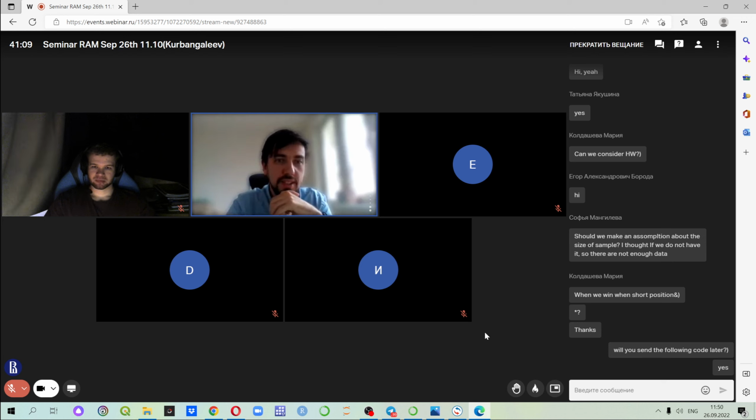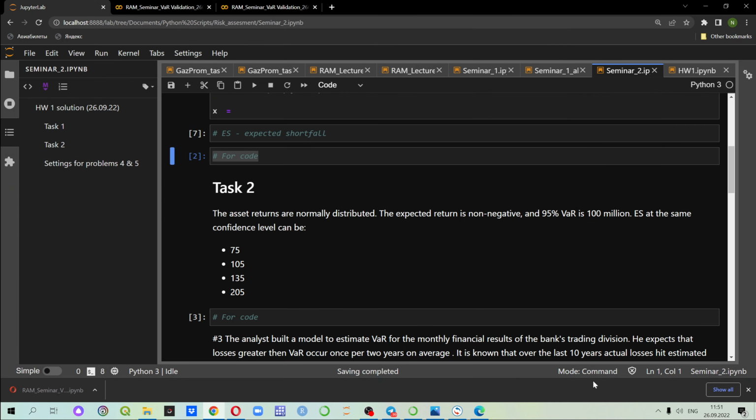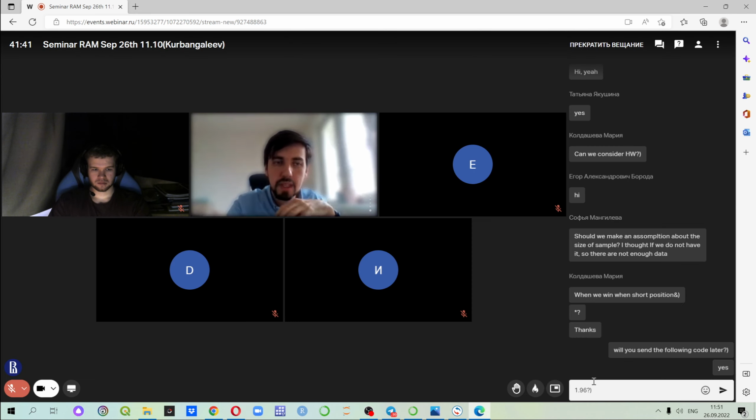Probably you all understand that value at risk for the returns described with the standard distribution is just a quantile on the 5% level, right? Because we're talking about returns, so losses are on the left-hand side, in the left tail. So the 95% value at risk is just a quantile at the 5% level. It cuts 5% on the left.